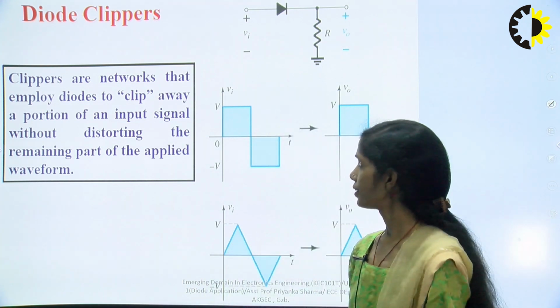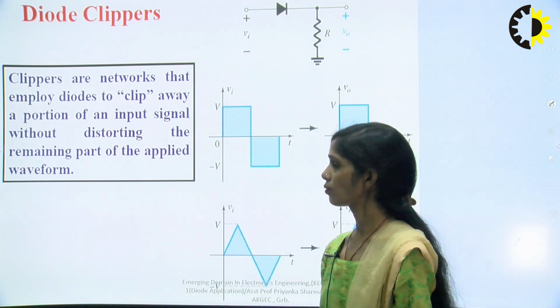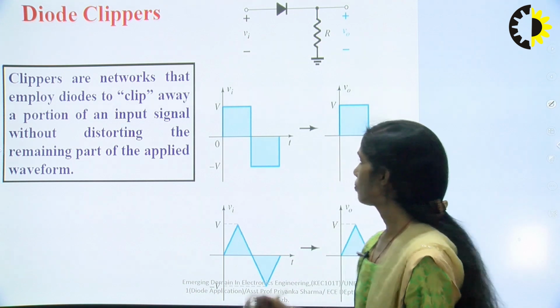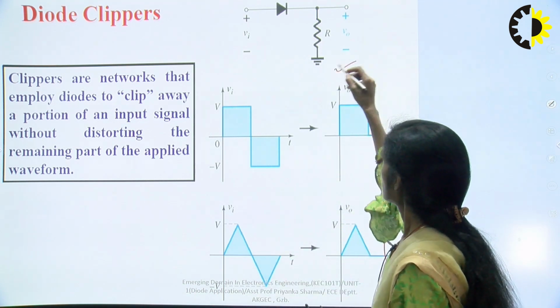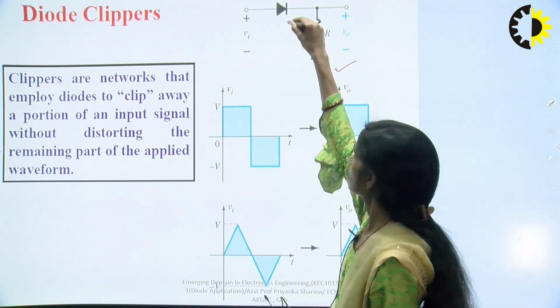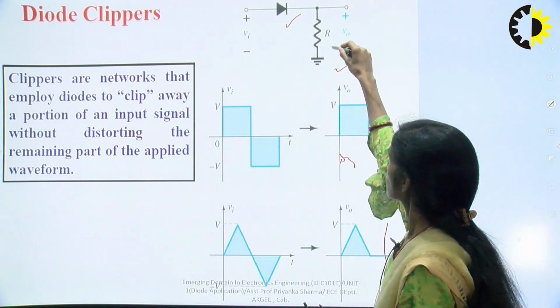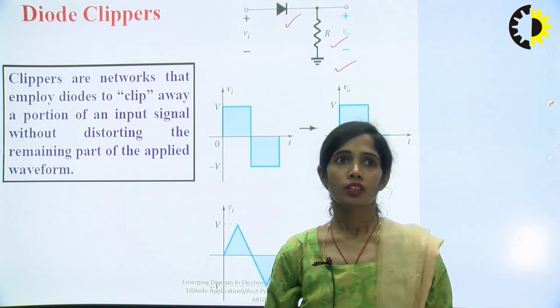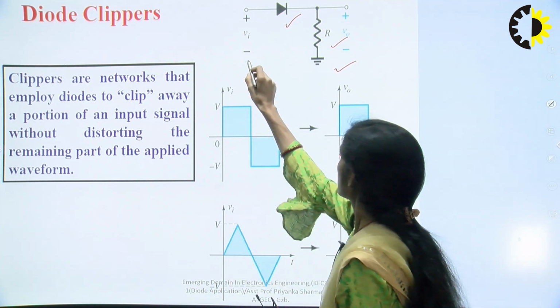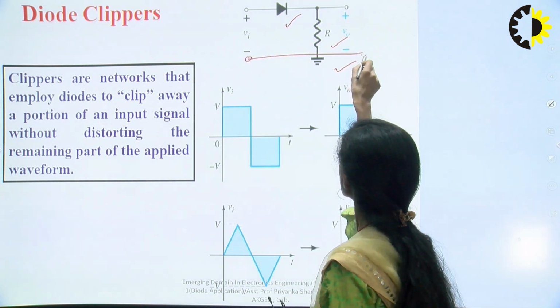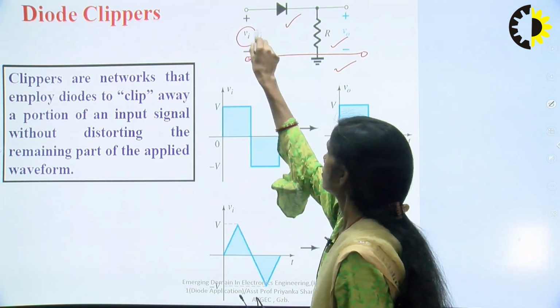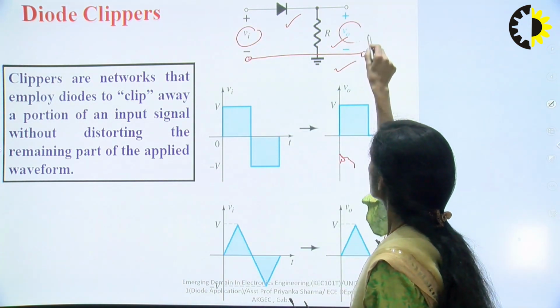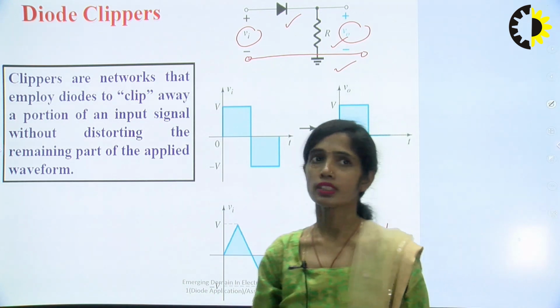We can see here the basic circuit of the diode clipper. This basic circuit consists of one single diode, and one resistor which is in series with the diode. At the input side, we give the input voltage Vi, and the output is taken across the resistor.